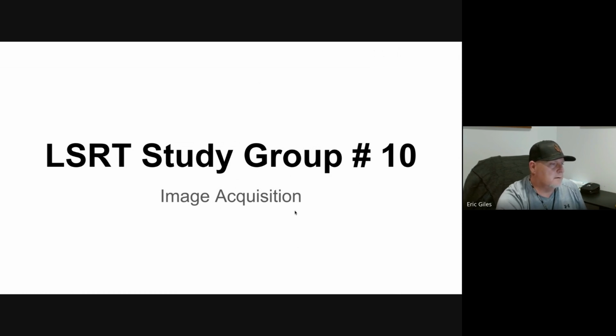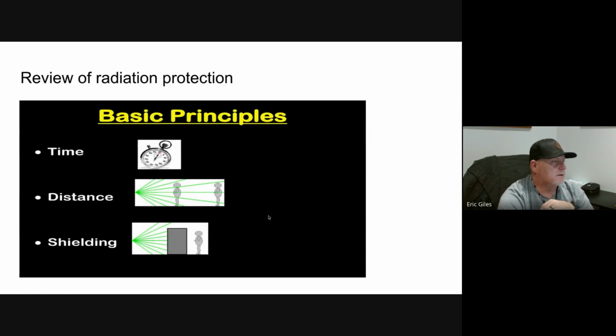But yeah, we're going to talk about image acquisition today. We're going to do a little reviewing, first of all, what we talked about last week. We talked about radiation protection, the three principles that are key in radiation protection are time, distance, and shielding.